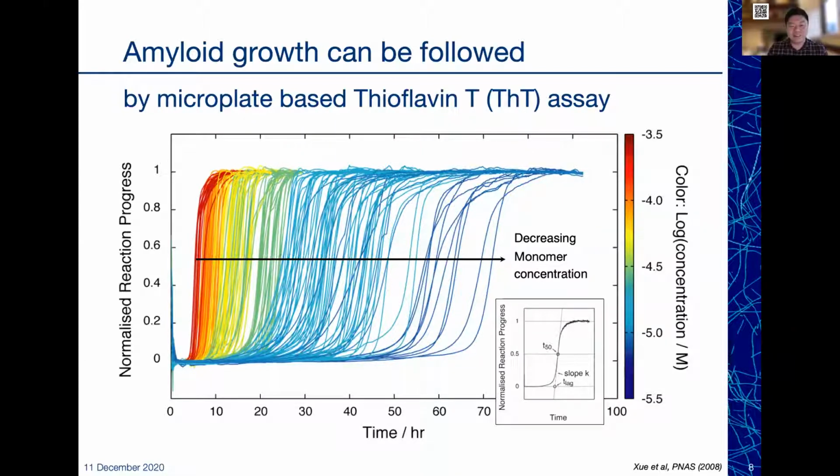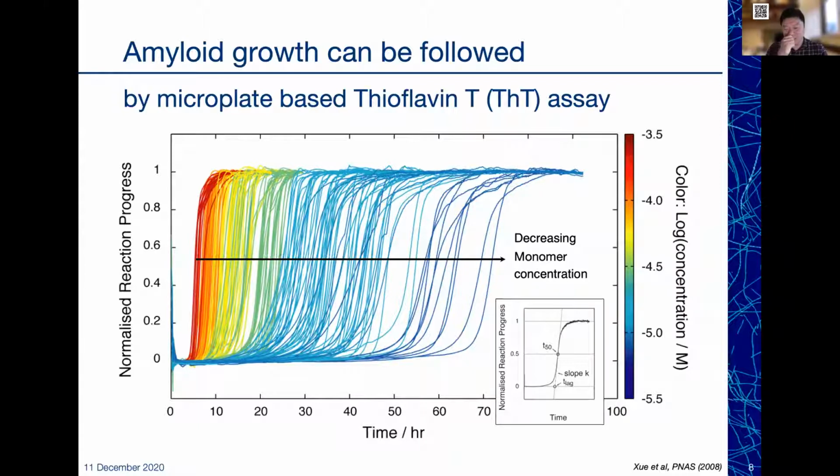Now I'm going to talk a little bit about how we can study amyloid formation using experimental approaches. One thing you can do is monitor the formation of amyloid by watching how amyloid fibrils form using a fluorescent dye that binds only to the amyloid form.